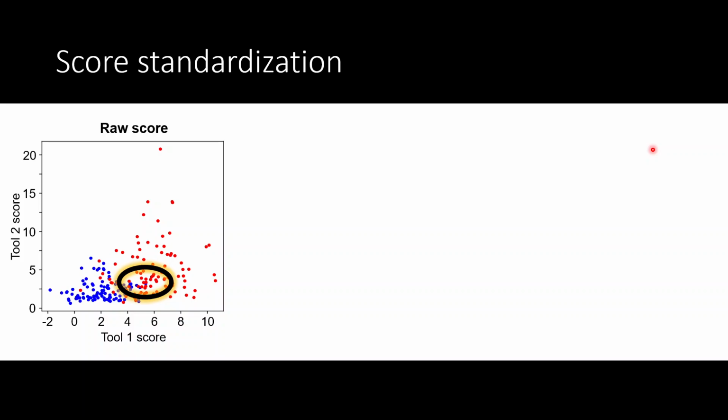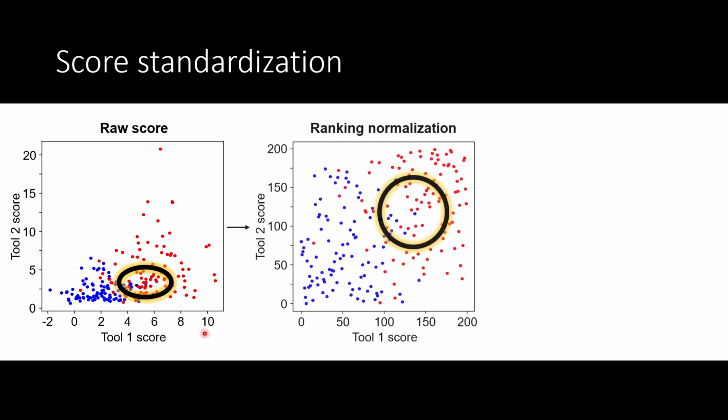But there is some pre-processing necessary. For example, because each tool has a different scale, before we can jointly calibrate them, we have to do rank normalization to standardize the scale of each tool.